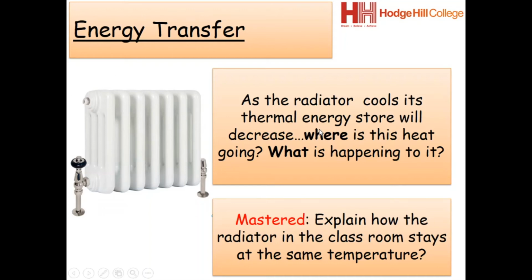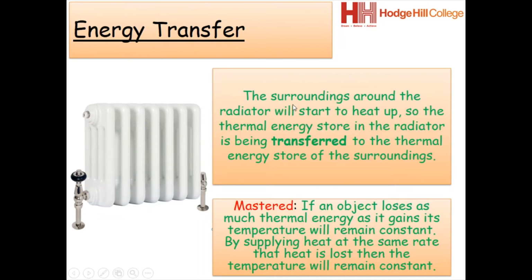Okay, so the first part: the surroundings around the radiator will start to heat up. So the thermal energy store in the radiator is being transferred to the thermal energy store of the surroundings. This means that as the hot water is going into the radiator, the thermal energy is being transferred from the store in the water to the store in the metal.